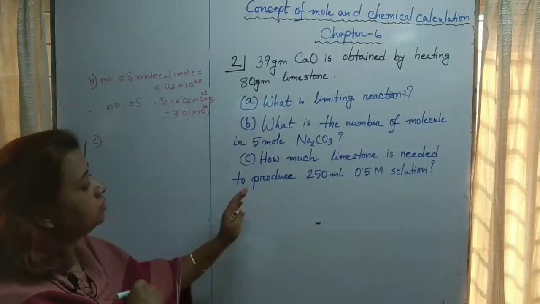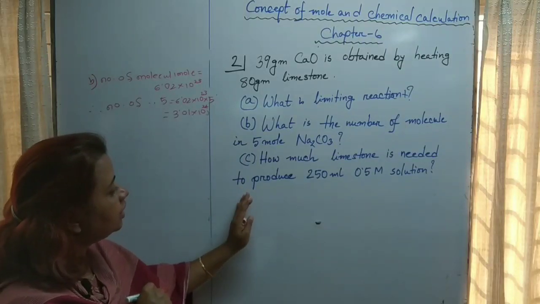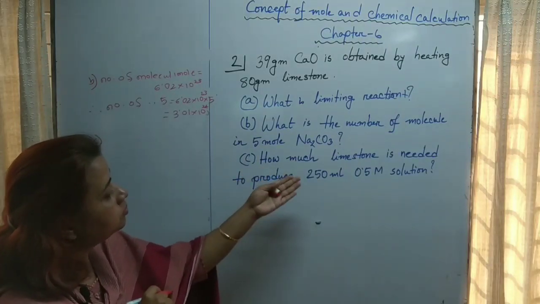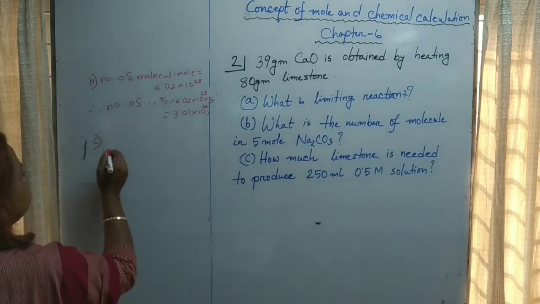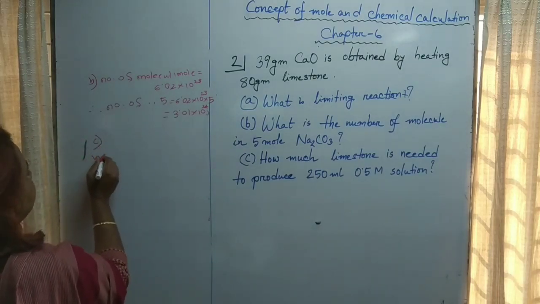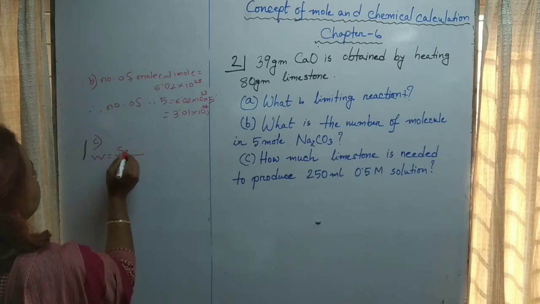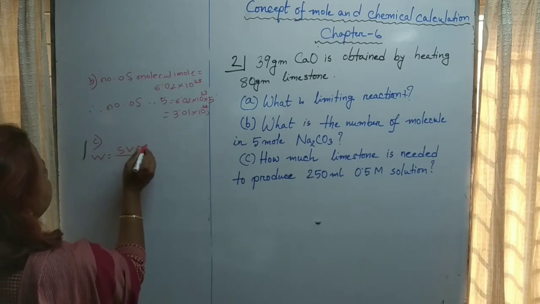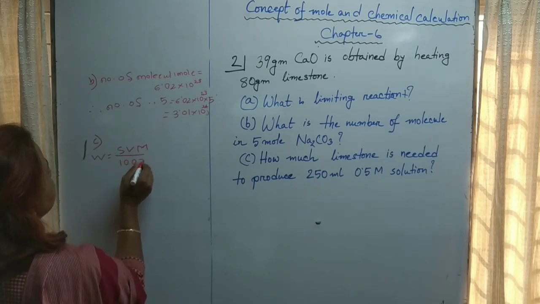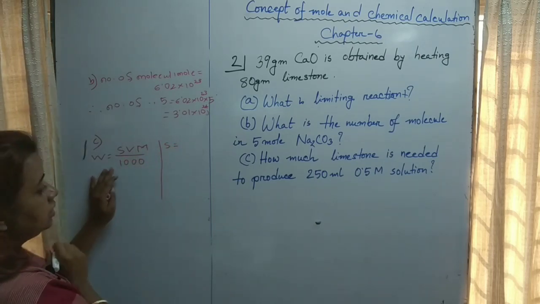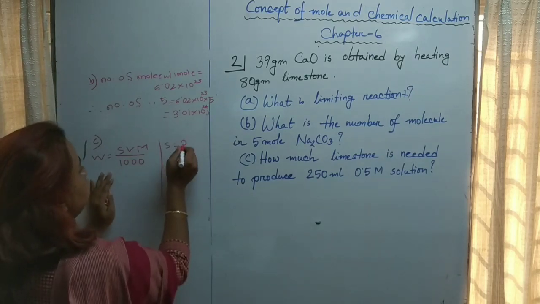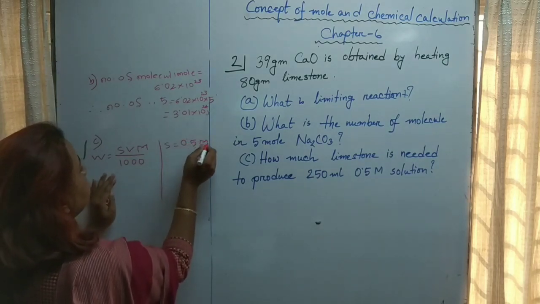We have to find out the amount of calcium carbonate. That means we have to use this formula. W is equal to SVM divided by 1000. Here S is equal to concentration, that means 0.5 molar.